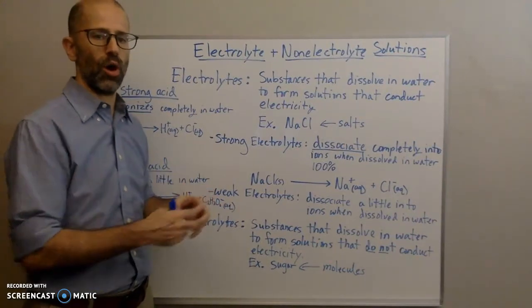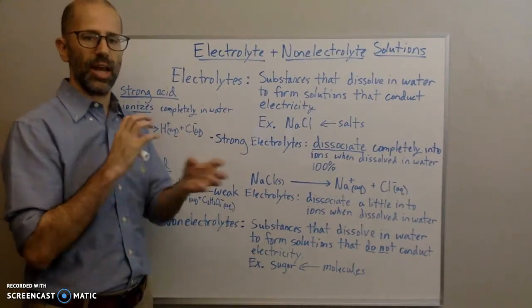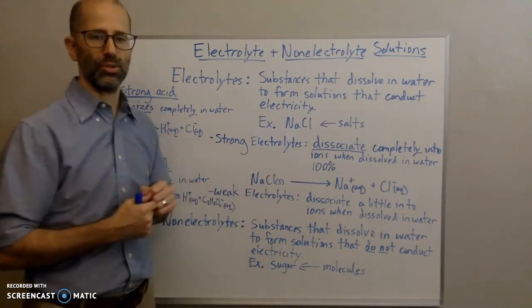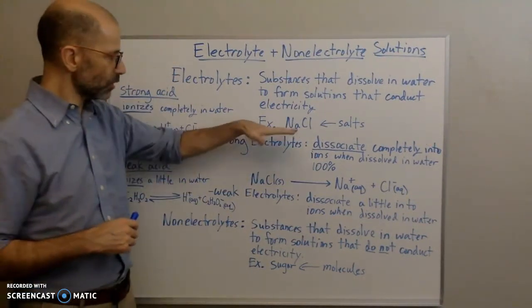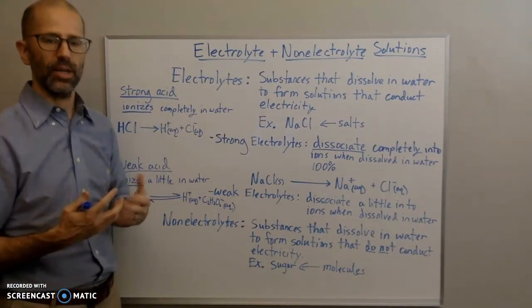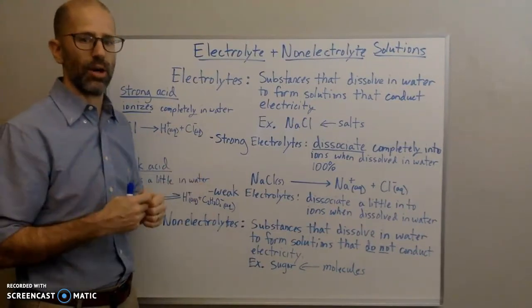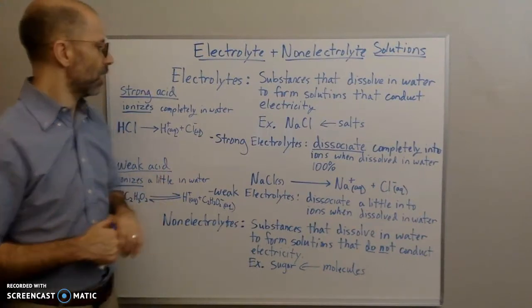But when you throw it in water and the water pulls the ions apart, and now the negative and positive ions can move around, now you have a solution that can conduct electricity. And so anything that can come apart and form ions, or maybe the ions are already there, but they can come apart and be able to move, then you've got an electrolyte.